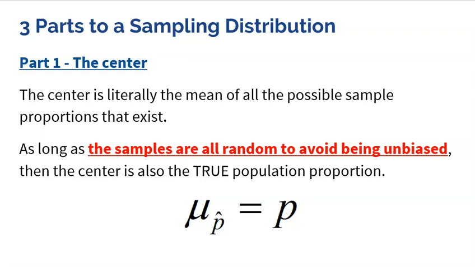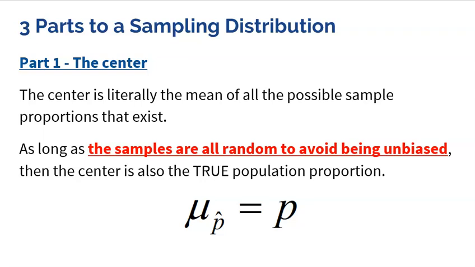There are three parts to all sampling distributions. The first part is the center. The center is literally the mean of all the possible sample proportions that exist. As long as the samples are drawn randomly to avoid being biased, then the center is the true population proportion.